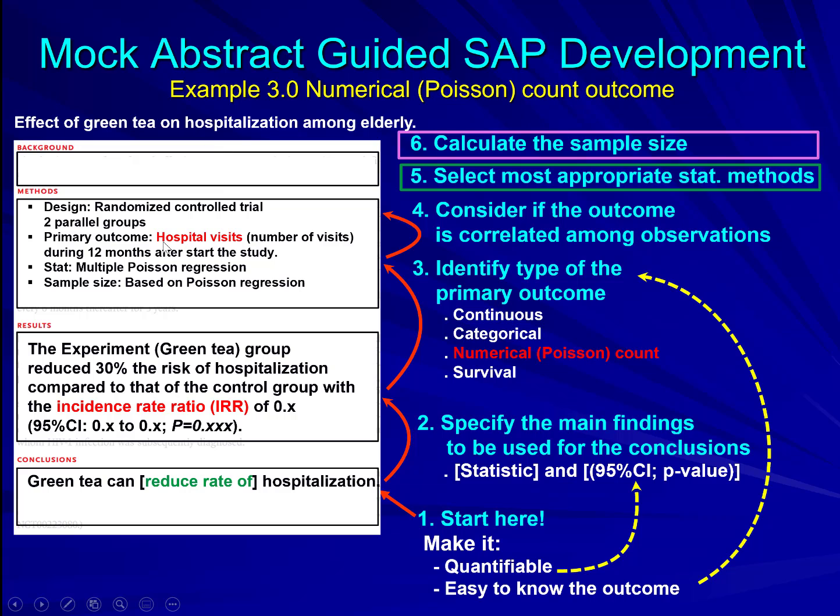We consider hospitalizations, which is the outcome here. It seems to be yes or no, right? Dichotomous, hospitalized or not. But actually, each individual can have more than one episode of hospitalization. So this is a numerical count, to be fair.